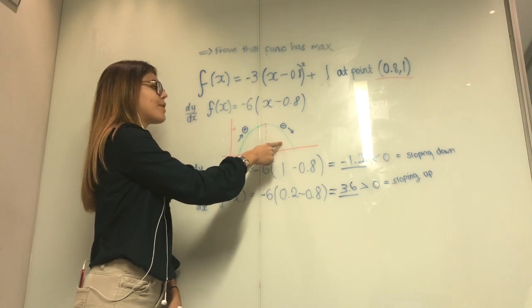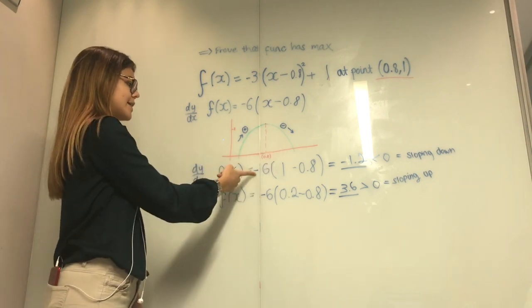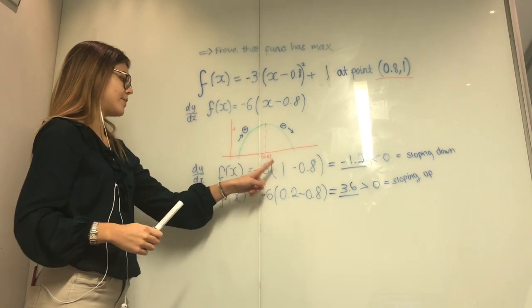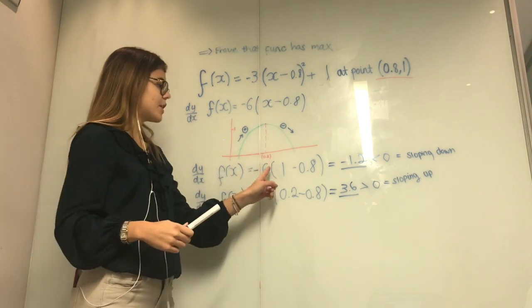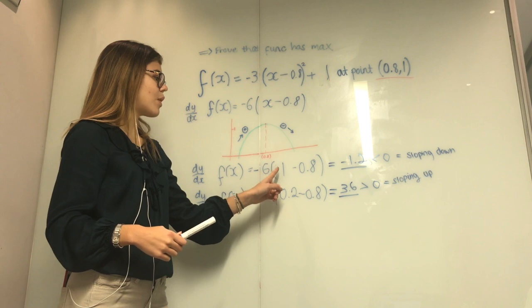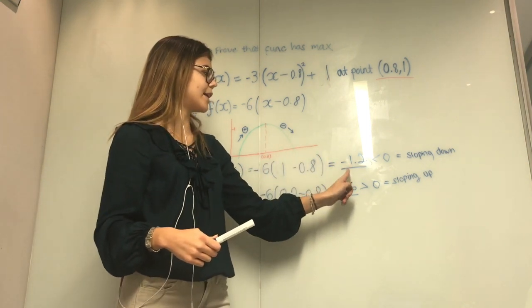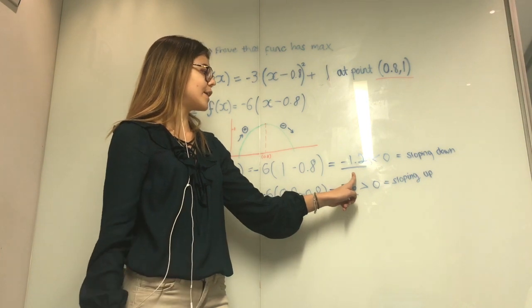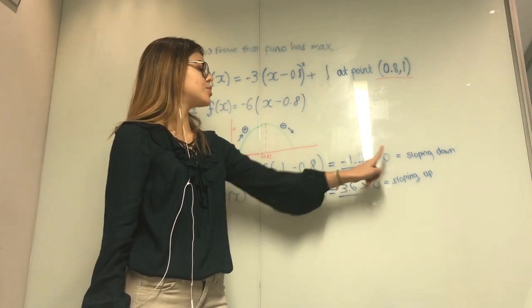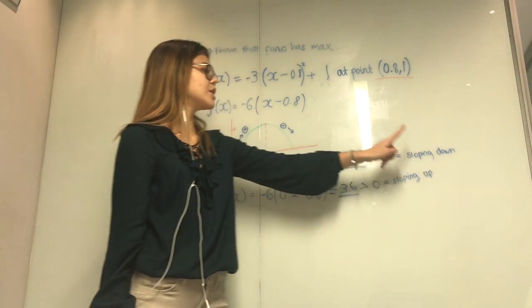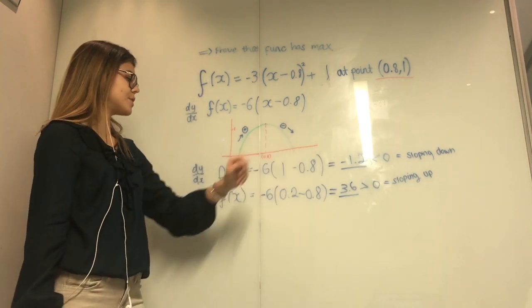Let us try with a value that is bigger than 0.8. For example, 1. When we plug it into the function, we would then do 1 minus 0.8 times negative 6, which would leave us with a value of negative 1.2. Now this value is smaller than 0, which means that it is sloping down, just as our theory confirmed.